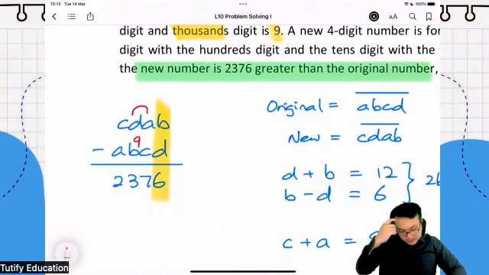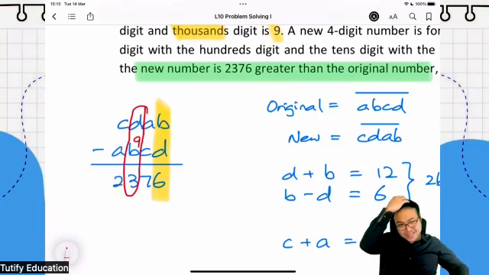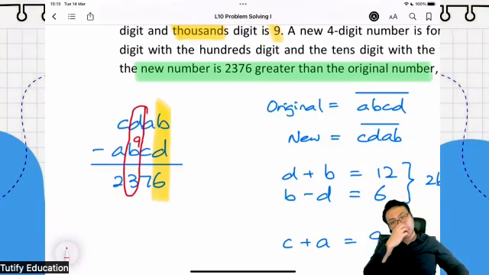You look here. Something minus 9 equals 3. What minus 9 equals 3? 12. It must be 12, right?